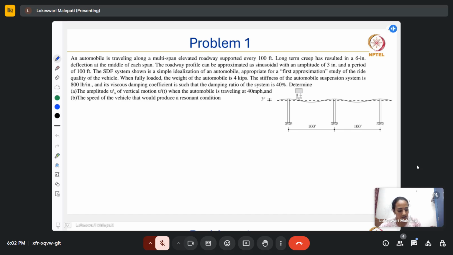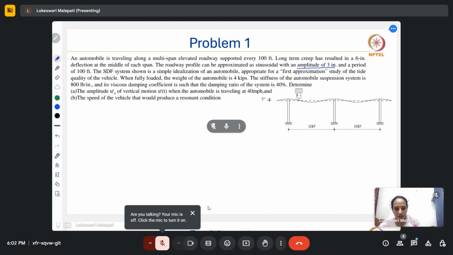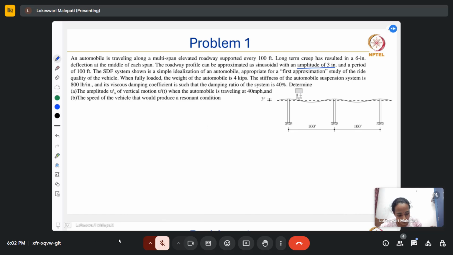So there is a bridge, and because of the creep, there is a midspan deflection of 6 inches. And we can model this kind of undulations using the sinusoidal wave, and the amplitude of the sinusoidal wave can be taken as 3 inches and a period of 100 feet.